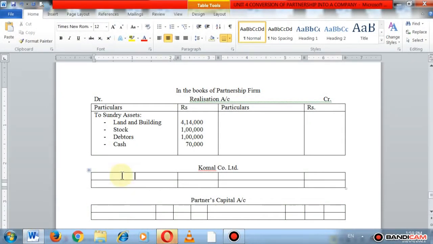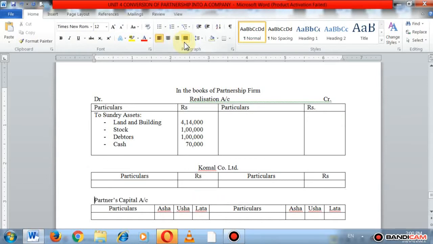Here particulars, rupees, particulars, rupees; Asha, Usha, Lata.